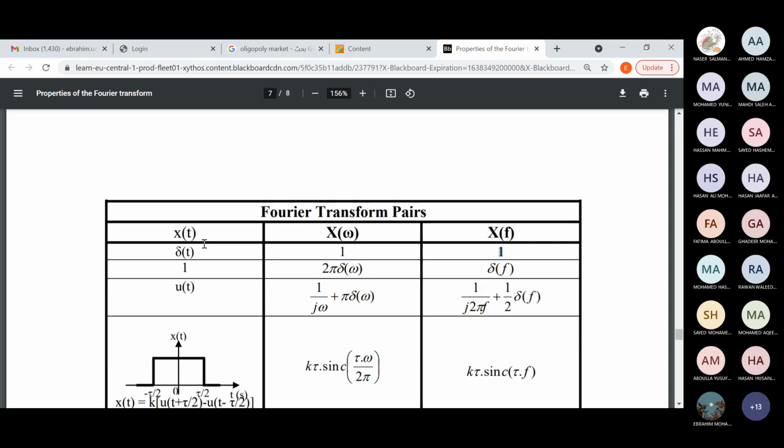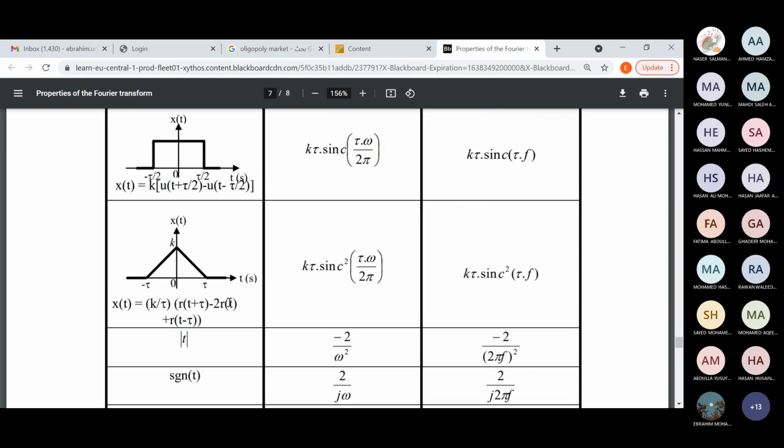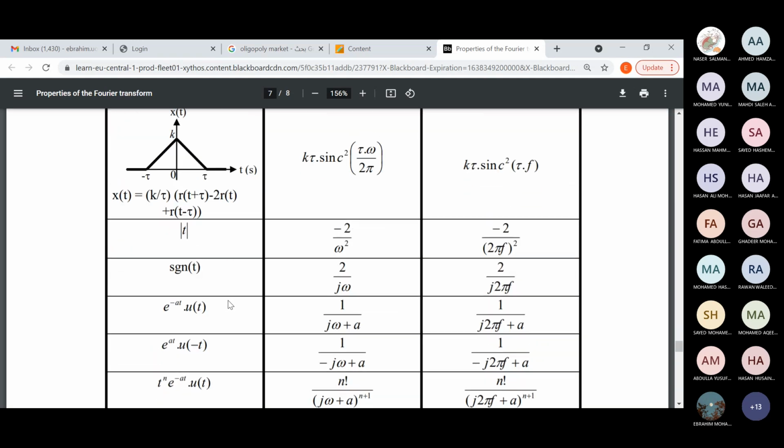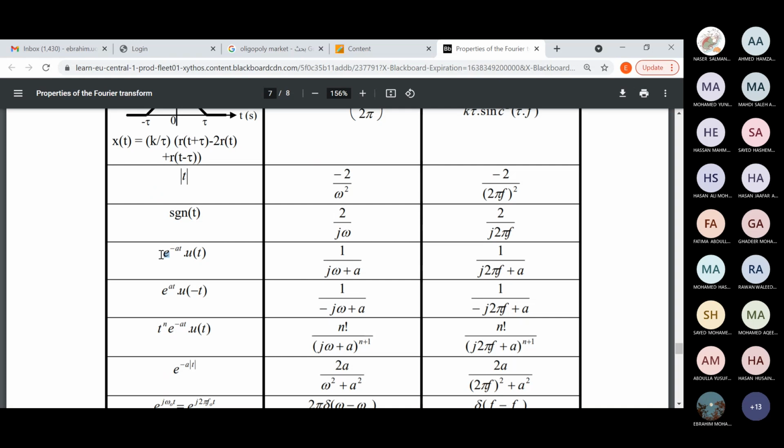But you can say, oh, we have it here, so why do we need to use integration? I told you about the question, it could be: show that the Fourier transform, for example, of e to the power of minus at u of t is equal to this.